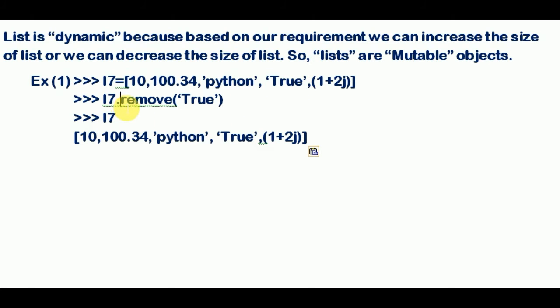So we use the remove method on L7 and we got a result without the True. So it has been removed from the list.